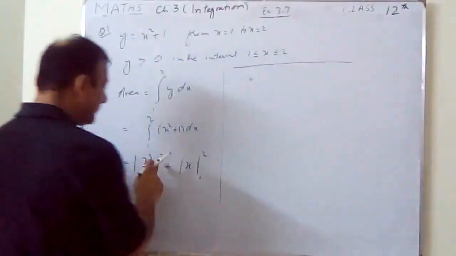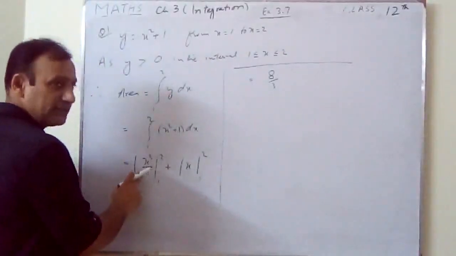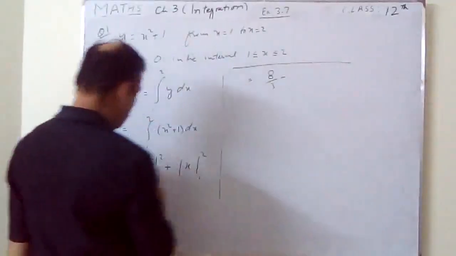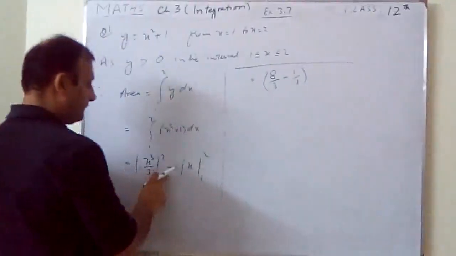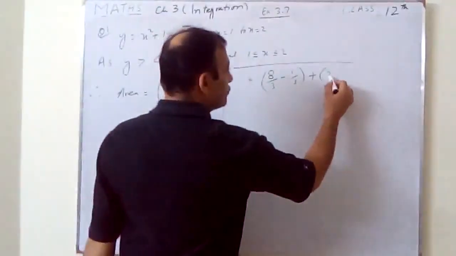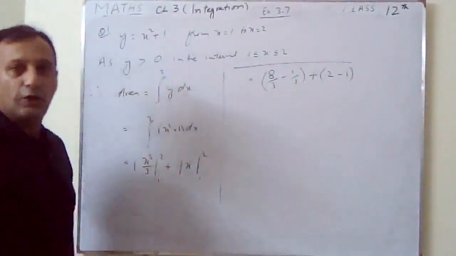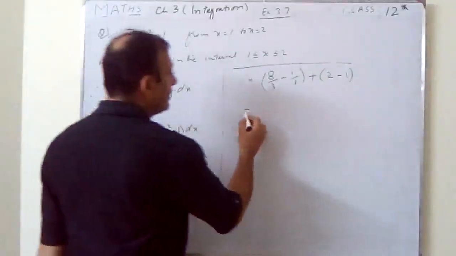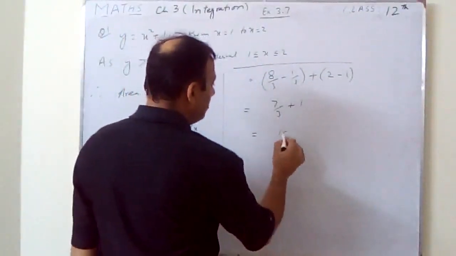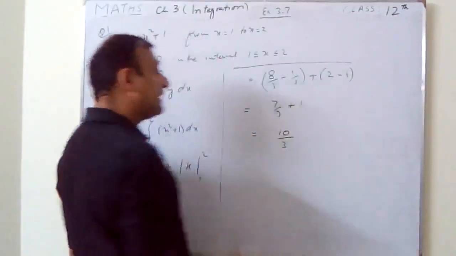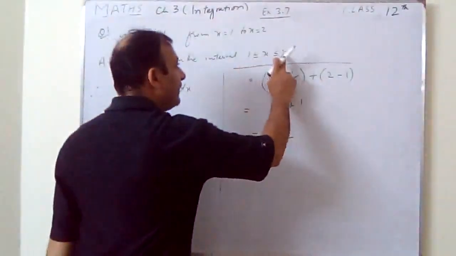We put the values here, 8 by 3, first of all upper limit, minus lower limit 1 by 3, plus 2 minus 1, first of all upper limit, then minus lower limit. So we have here 7 by 3 plus 1, 10 by 3. So this is the area of the curve x square plus 1 from 1 to 2.